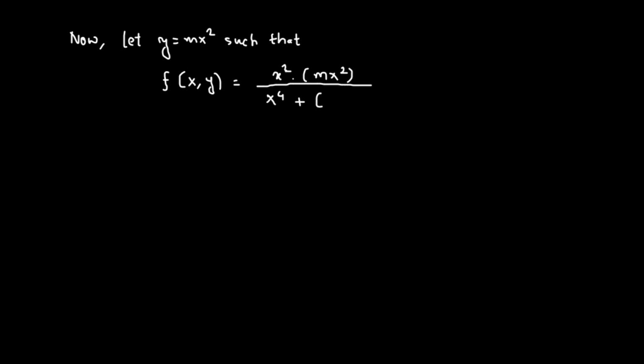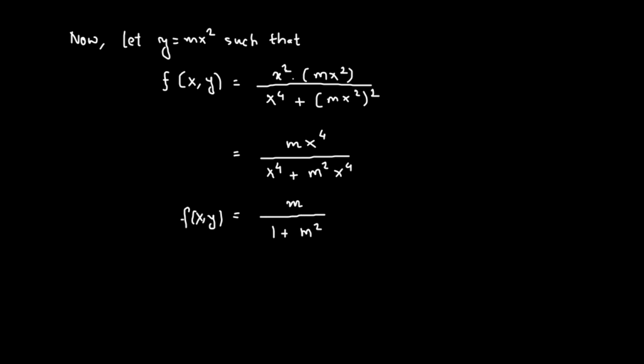So y will get replaced by mx squared, so mx squared squared. This gives us mx raised to the power of 4 in the numerator divided by x raised to the power of 4 plus m squared x raised to the power of 4 in the denominator. So we can factor out x raised to the power of 4 in the numerator and the denominator, and this will make the function m divided by 1 plus m squared.